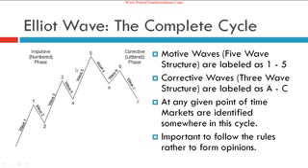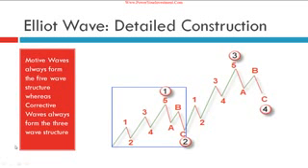So this complete five-wave structure is corrected by a three-wave structure. 1, 2, 3. Alright? But if you subdivide this wave 1, which is a motive wave, it should subdivide into 5 waves, which is here. 1, 2, 3, 4, 5.